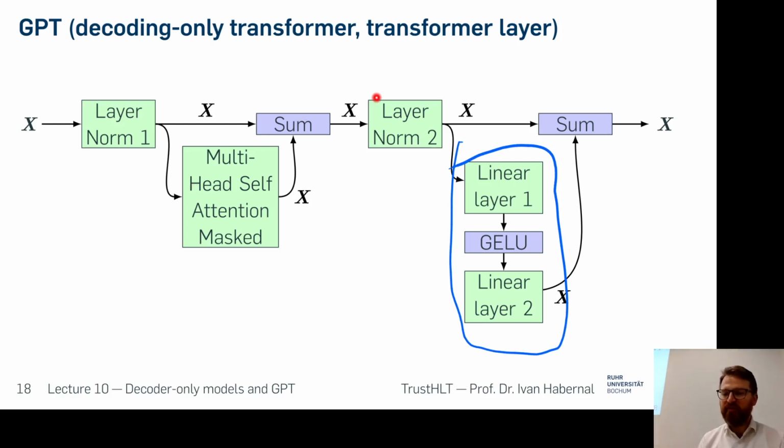And now we're summing them up together, but we're still having this direct pass of the information. So why could this be interesting? Why does this help? Sorry, you in the back.